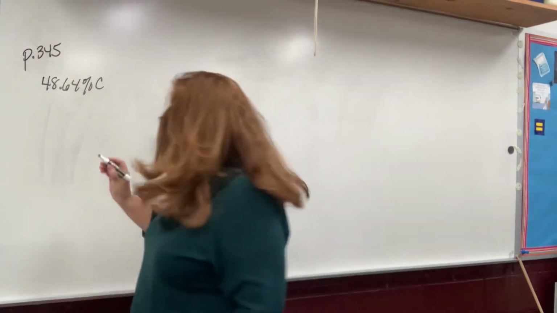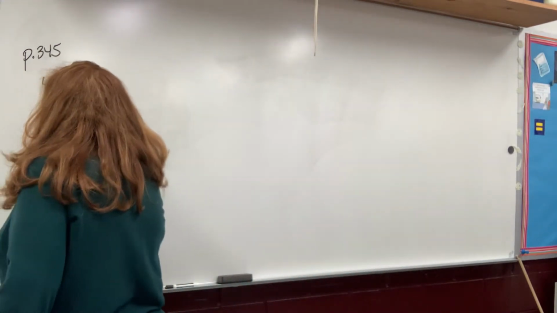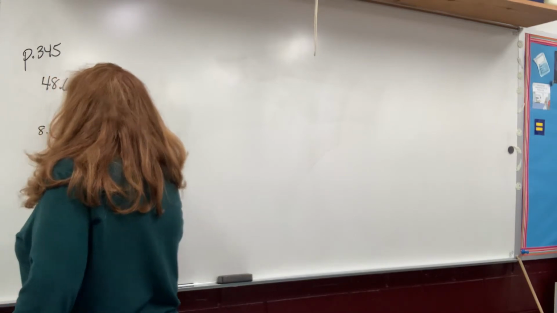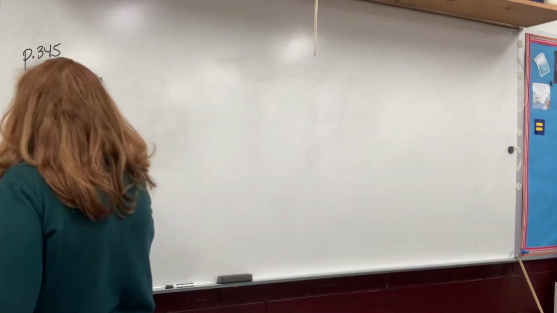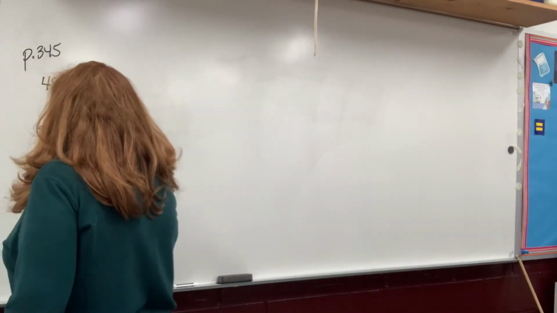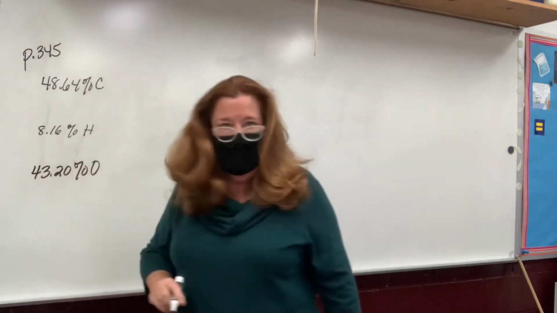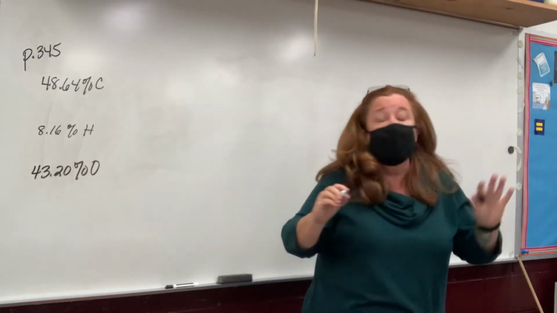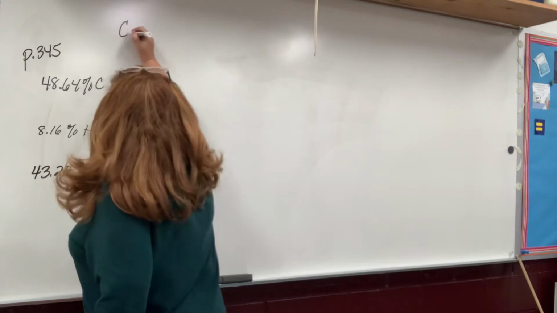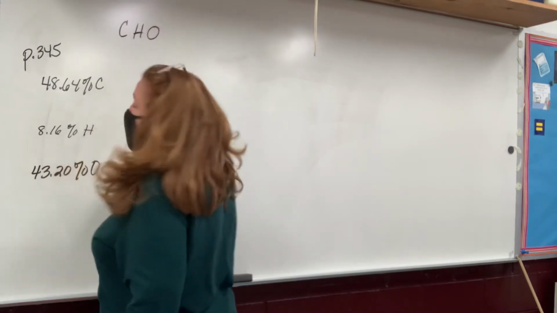It's 8.16% hydrogen. And it's 43.2% oxygen. And that's it. So right away, you know that this formula is going to be C something, H something, O something.